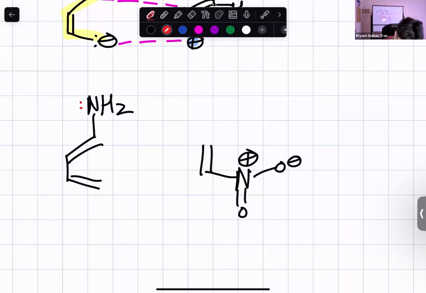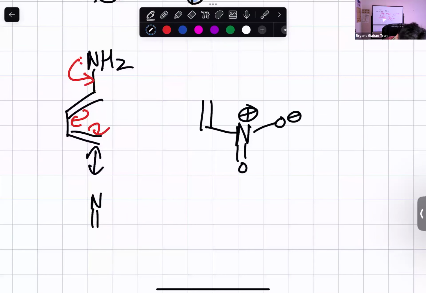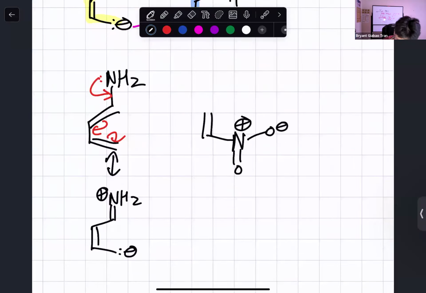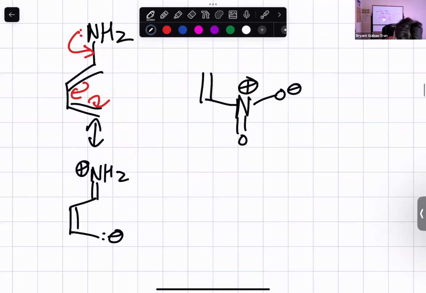And now I'm going to draw in its resonance structures again to show the electronic configuration behind this reaction. Boom. When you do these reactions, you don't have to draw out the resonance structures, right? This just helps you think of when to flip or not.